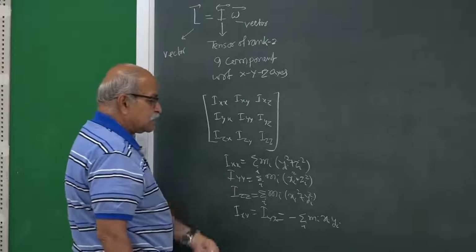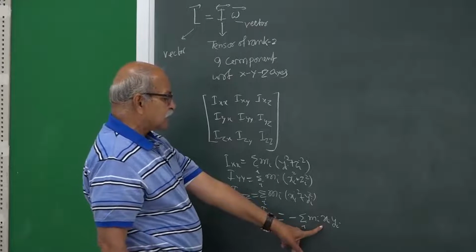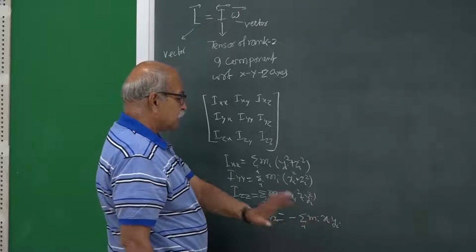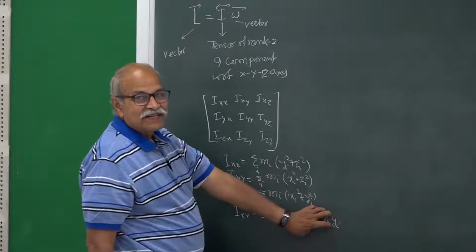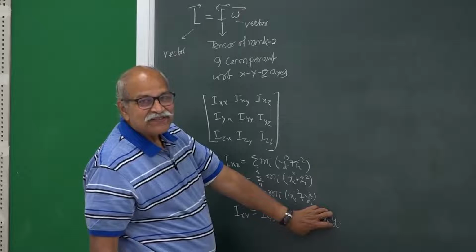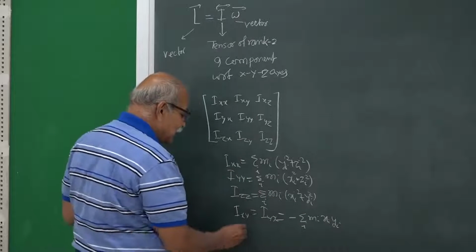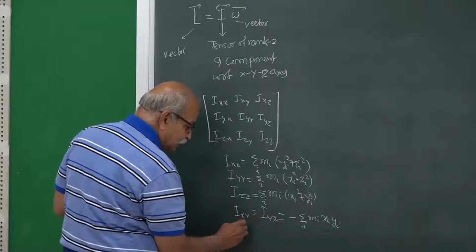Take the ith particle, see what is the x coordinate, the y coordinate, and the mass of that particle, multiply. Do it for all the particles of that rigid body and add. That is this I xy, which is the same as I yx.